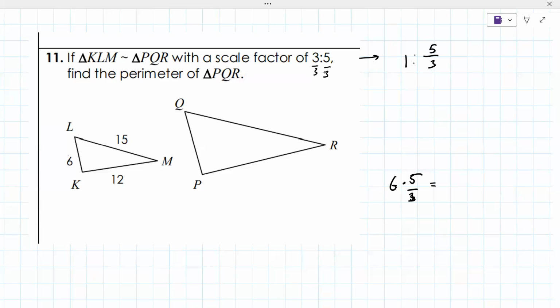6 multiplied by 5... 10. So that's this side here. And so you do the same thing for 12. 12 times 5/3. That'll give you this side over here.